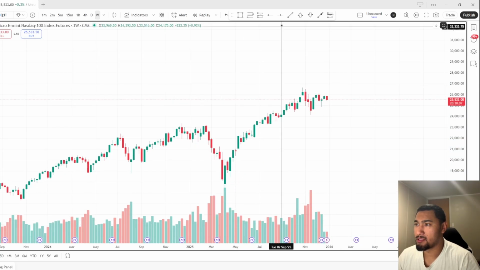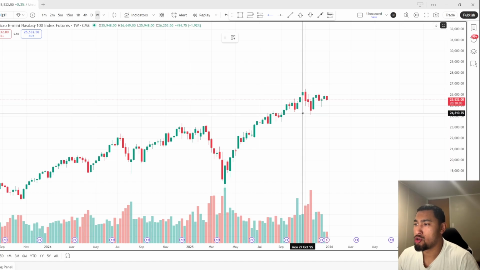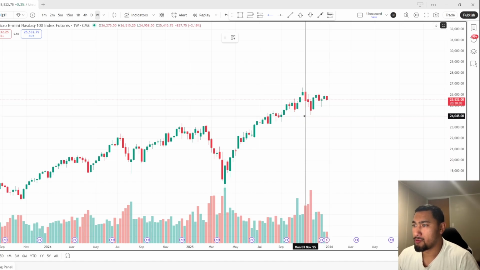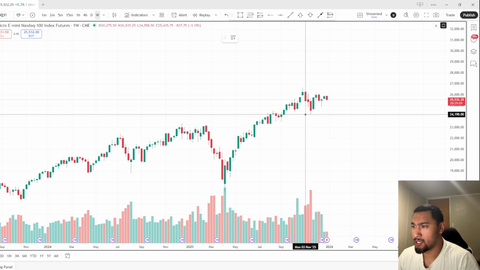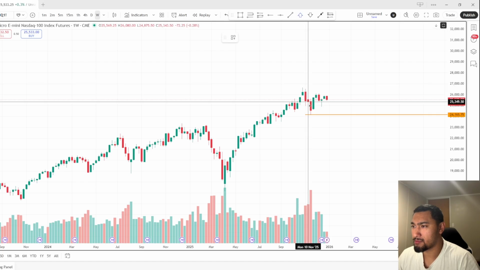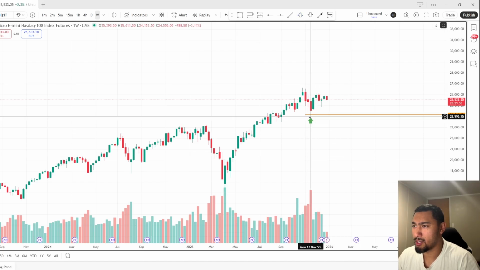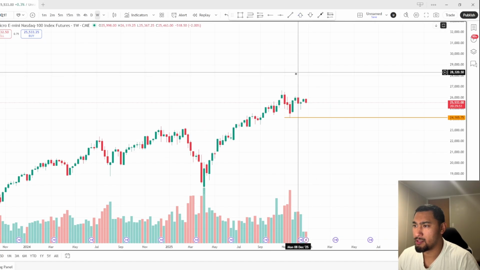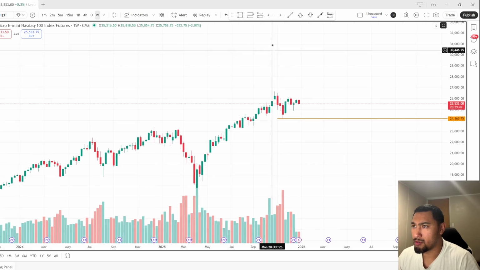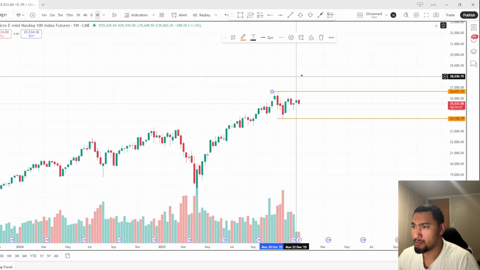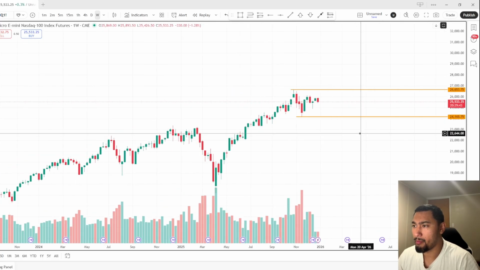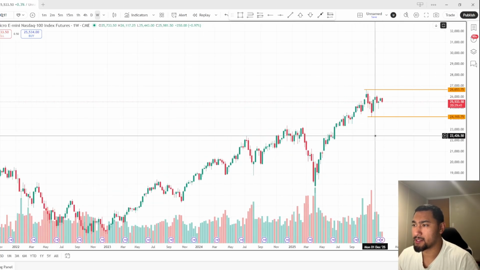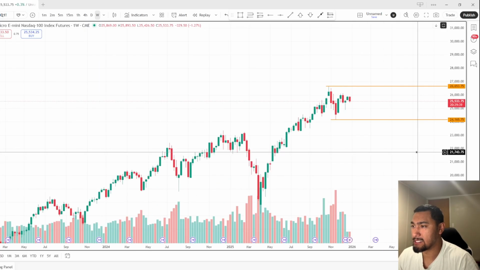So with that being said, I want to mark out my big areas. This is a big area right here. This area I got marked. We got a big bounce from here, from November, so that'll be our support, and that's our resistance for the month of January, basically.